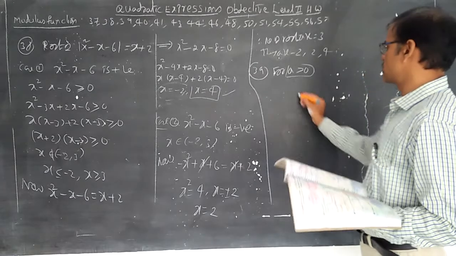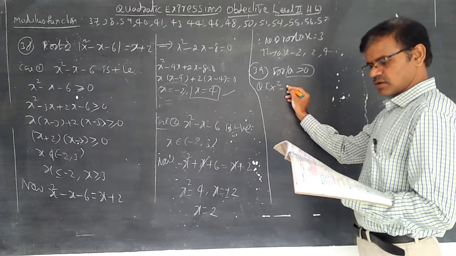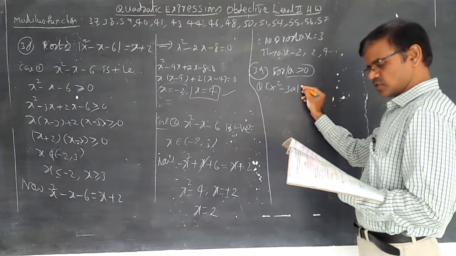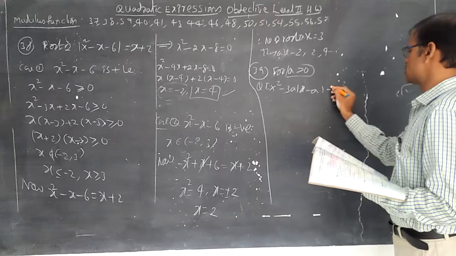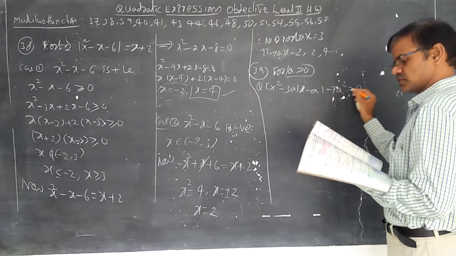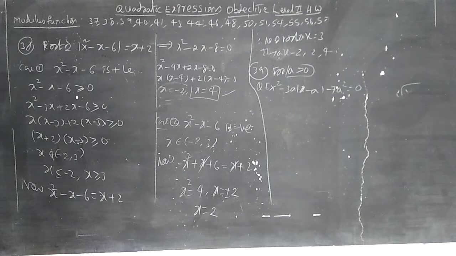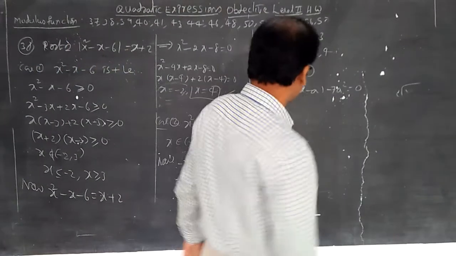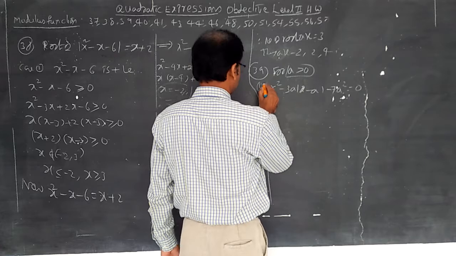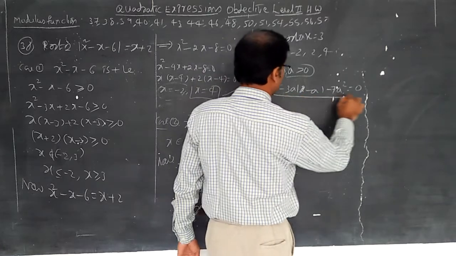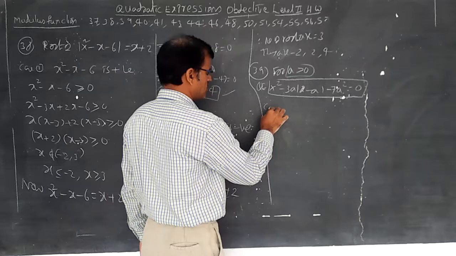All the real roots of the quadratic equation x square minus 3a into modulus of x minus a minus 7a square is equal to 0, for a greater than 0. Now we are discussing all the modulus functions today. Quadratic equation x square minus 3a into modulus of x minus a. Case 1, I am writing.